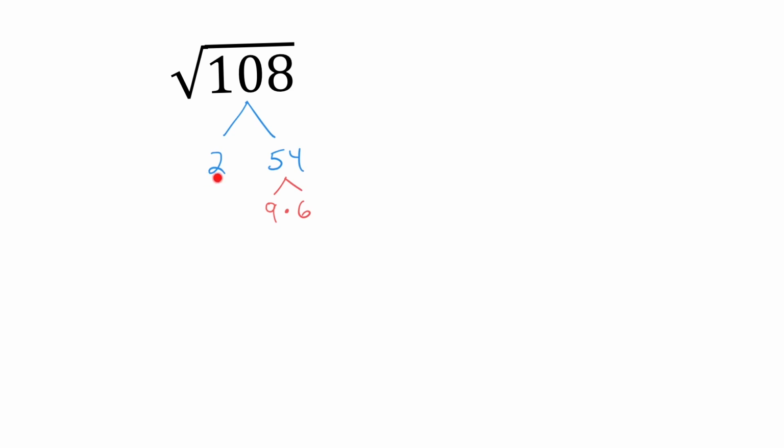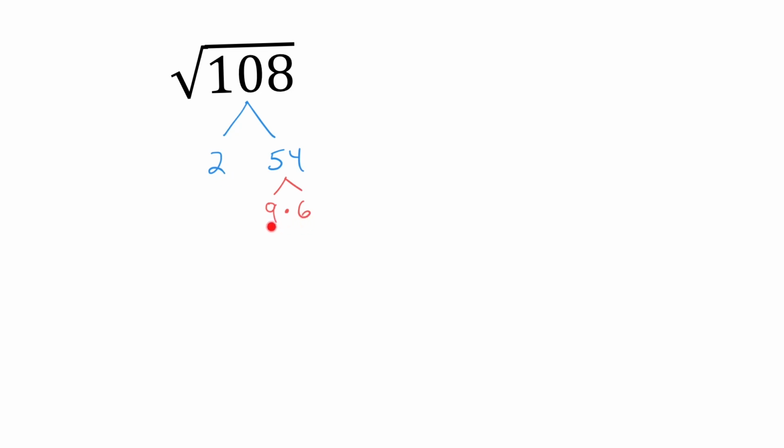If you go back to the 2, well, 2 is a prime number because only 1 times 2 will give you 2. So you're not going to break down the number 2 into 1 times 2. We don't want to use the 1, but if it's a prime number, you just leave it as it is.